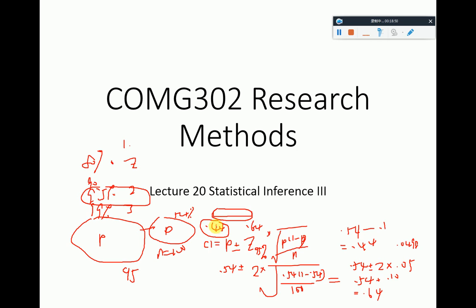In fact, if his or her support rate is 0.44 or any value below 0.50, which is included in this confidence interval, right? 0.50 is about here. Exactly because 0.5 is included in this interval, the actual support rate can be higher than 50% or lower than 50%, as long as it's bounded by this interval.